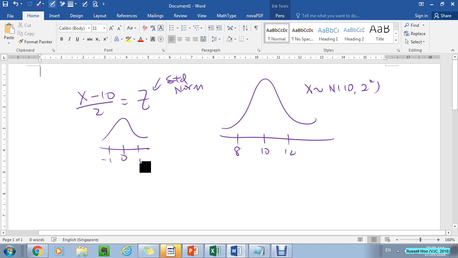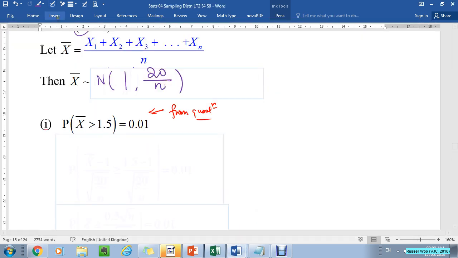Yes, do you recall? So, now what am I going to do? I am going to standardize. That means in my inequality, I take X bar minus 1 divided by square root of 20 over n.